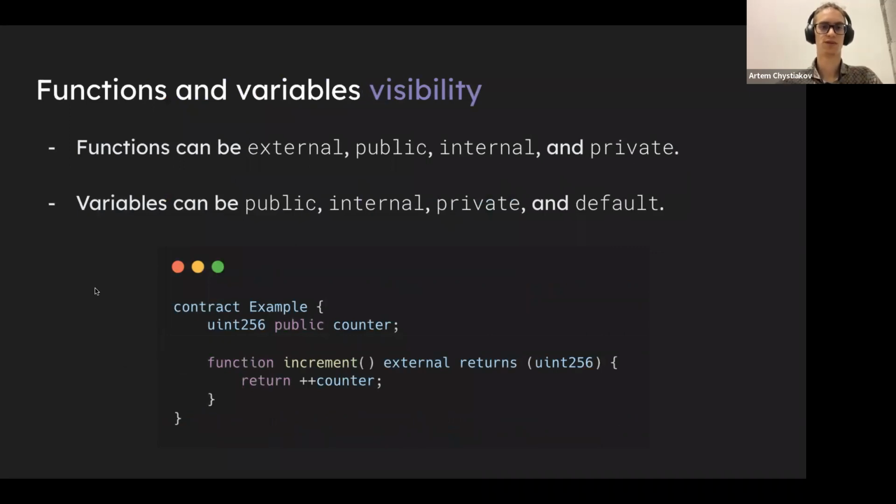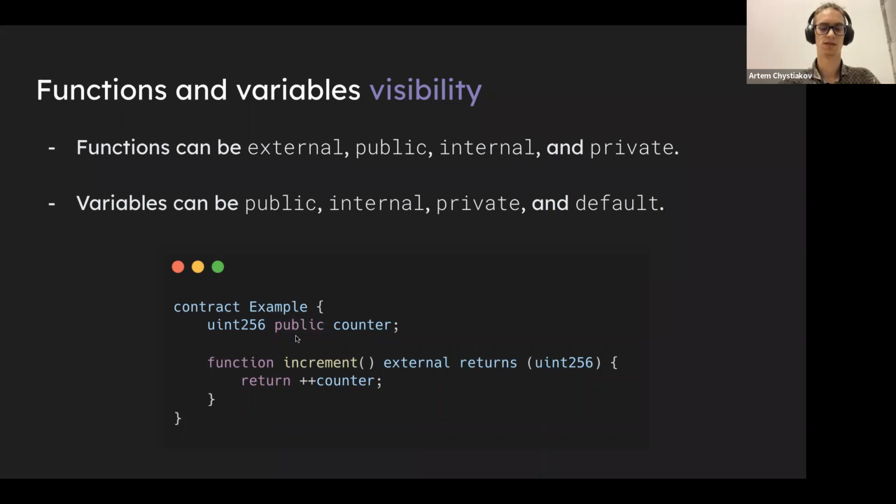What about functions and variables visibility? Functions can be external, public, internal, and private. Variables can be public, internal, private, and default. On our example, we have a variable counter, which is declared as public.